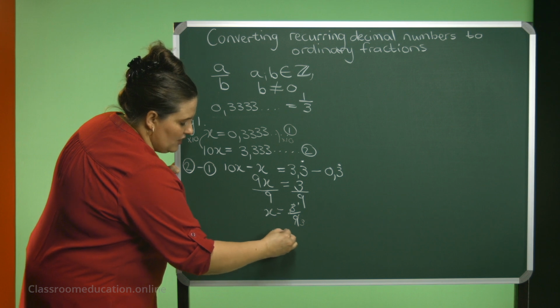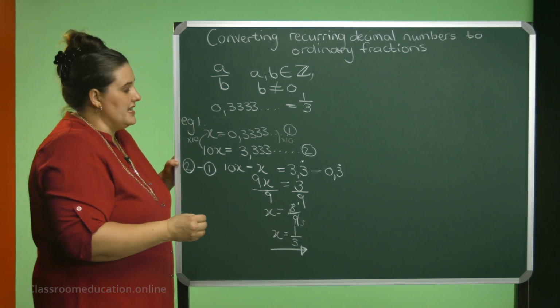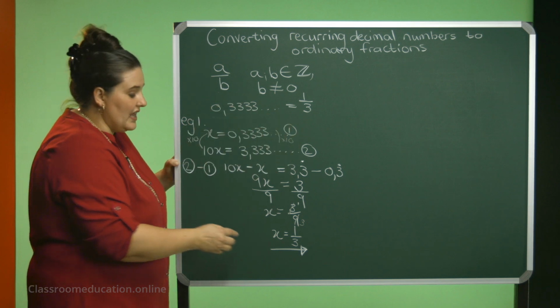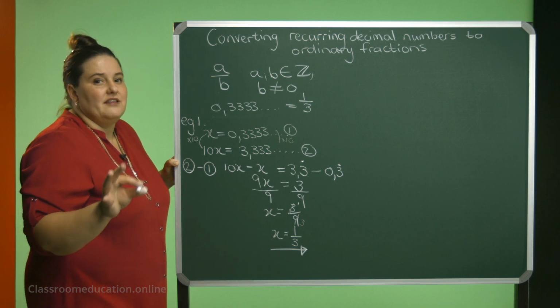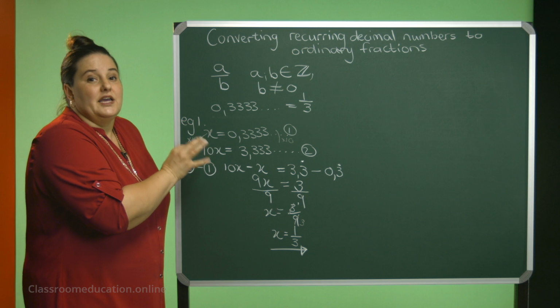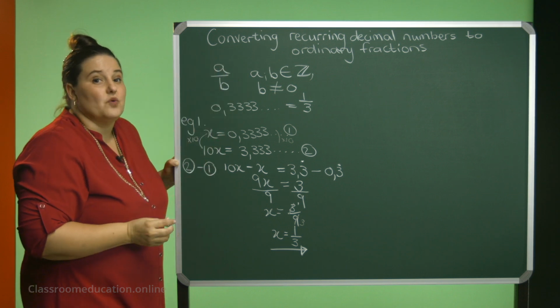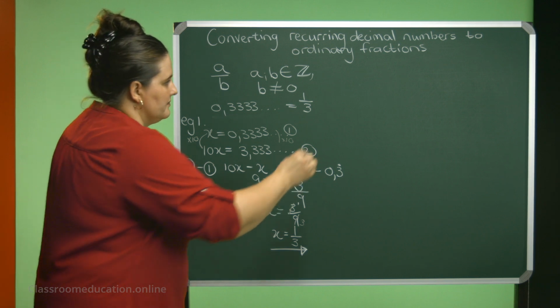So x equals 1 over 3. And can you see now that my 0,33333 recurring is the same as a third? So yes, I have proven that the recurring decimal number is also a rational number because I can write it as an ordinary fraction. Let's do another example.